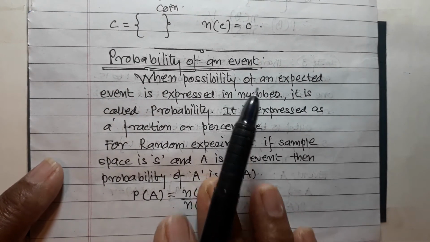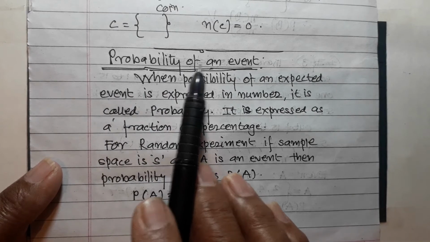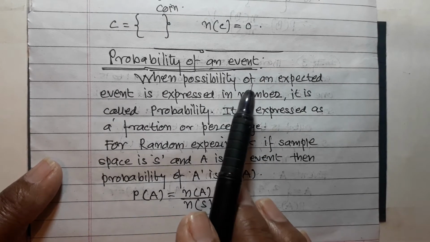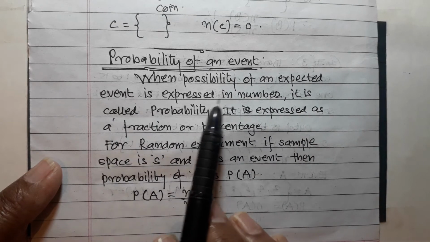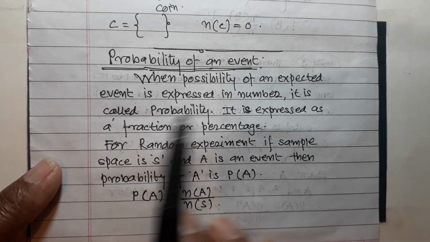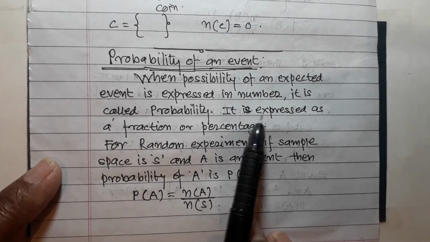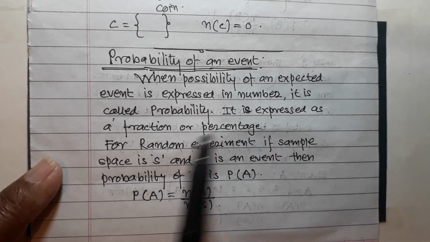Then try to understand one new topic, that is probability of an event. When the possibility of an expected event is expressed in a number, it is called probability. It is expressed as a fraction or percentage.